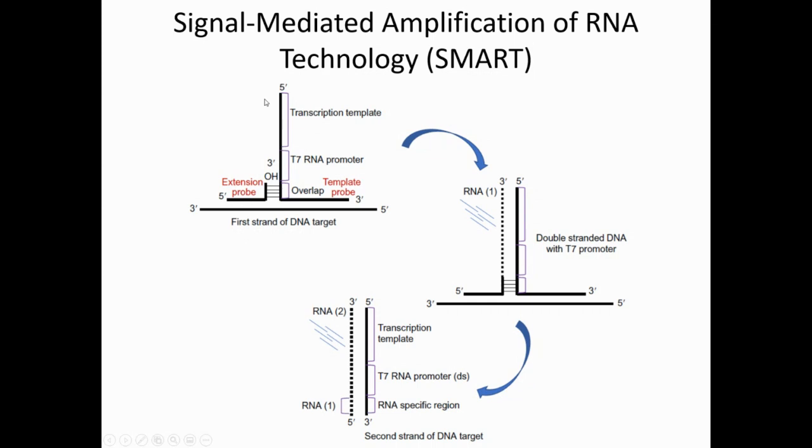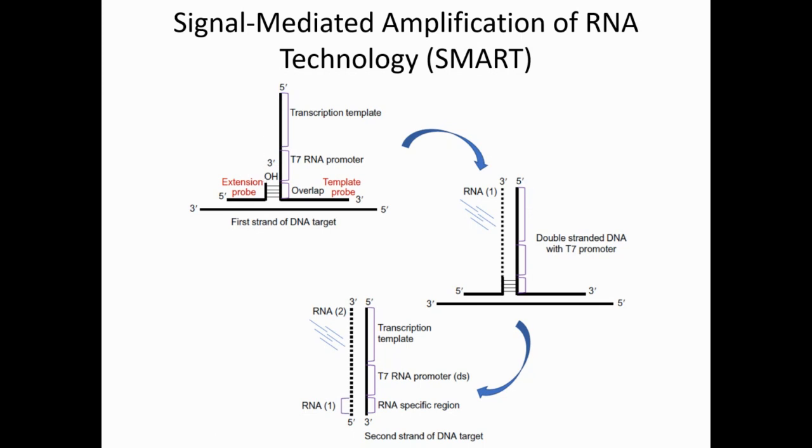They form this extension from the T7 RNA polymerase promoter, and they allow the T7 RNA polymerase to generate another copy of this RNA amplicon. That's only produced when the specific target is present; if you have this target, then they form the three-way junction.